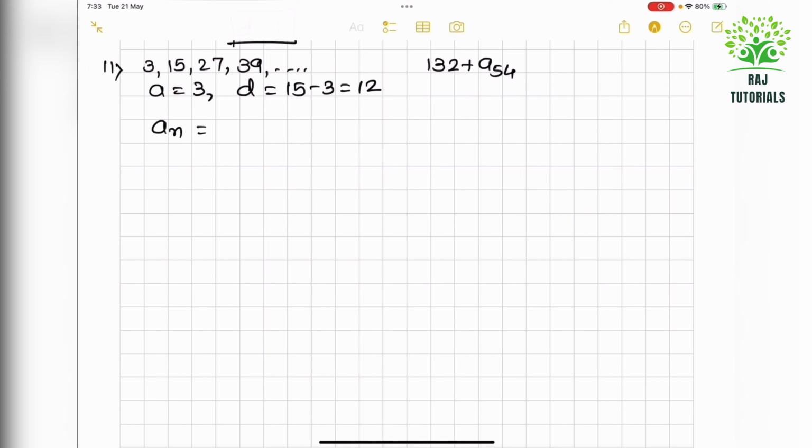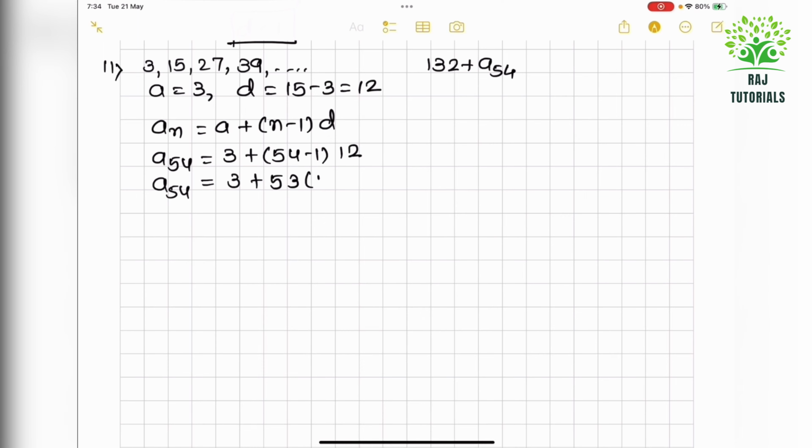So using the formula An equal to A plus n minus 1 D, A54 will be 3 plus 54 minus 1 into 12. So A54 will be equal to 3 plus 53 into 12.